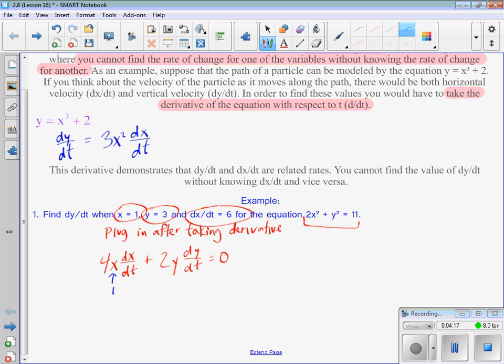My dx dt is 6, so I'll put 6 in there. My y is 3, and what I'm trying to solve for is my dy dt. So here I have 4 times 1 times 6 gives me 24 plus 6 dy dt is equal to 0, and then just solve. So subtract the 24.